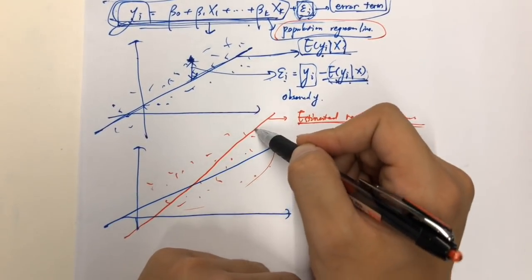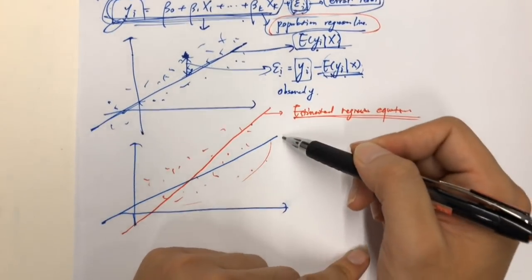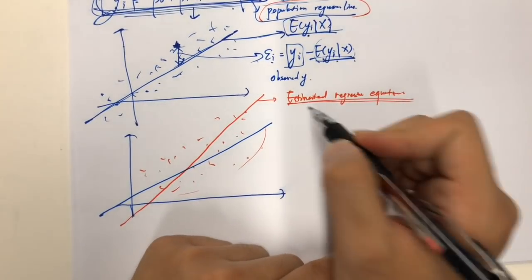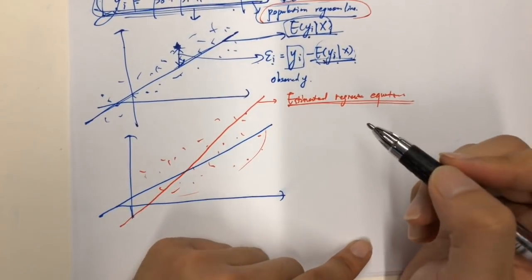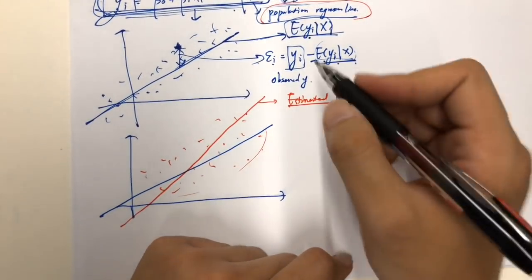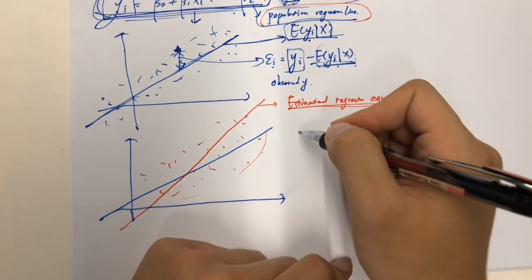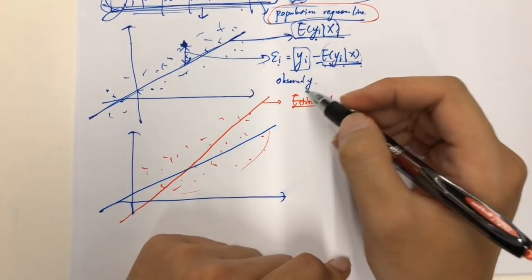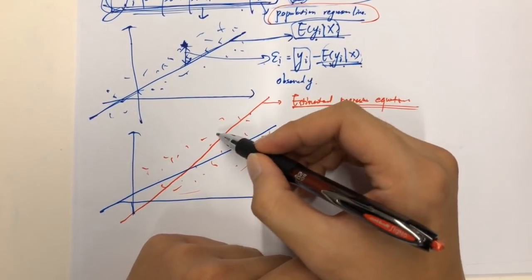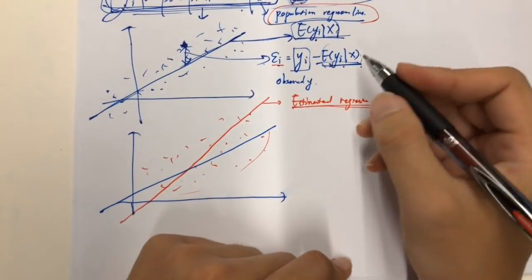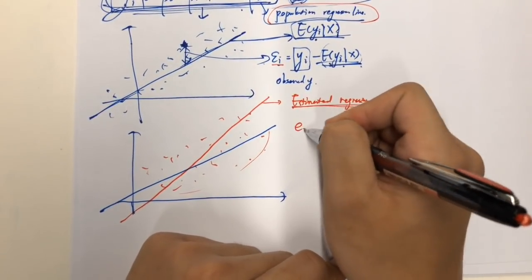So this is the sample line, and the blue one is the population line. We know that it will never equal the population line, right? So in this way, if we still want to observe some error term, the error that we observe is not the true value of the error term, but instead it's called a residual.